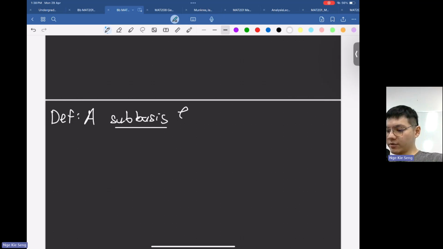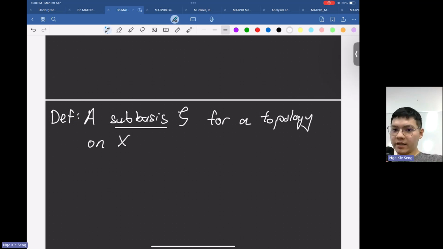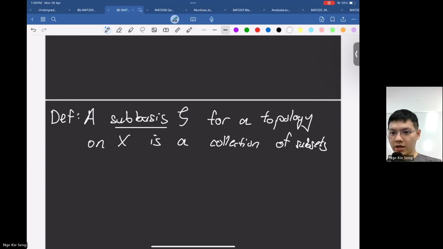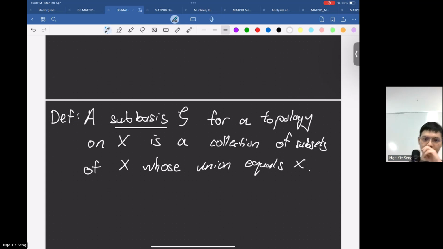Let's see how it is smaller. A sub-basis S for a topology on X is a collection of subsets of X whose union equals X.